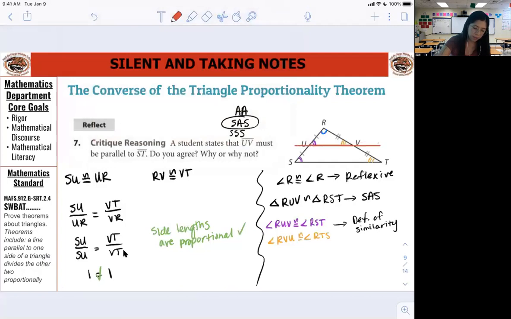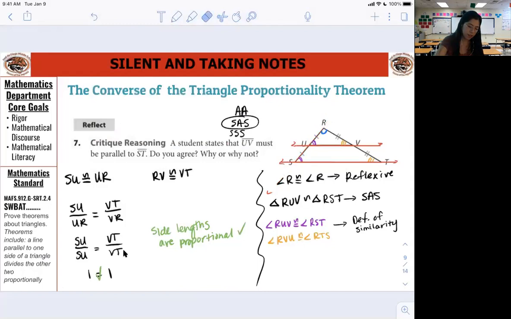What type of angles, by definition, are they to each other? Yes, corresponding angles.